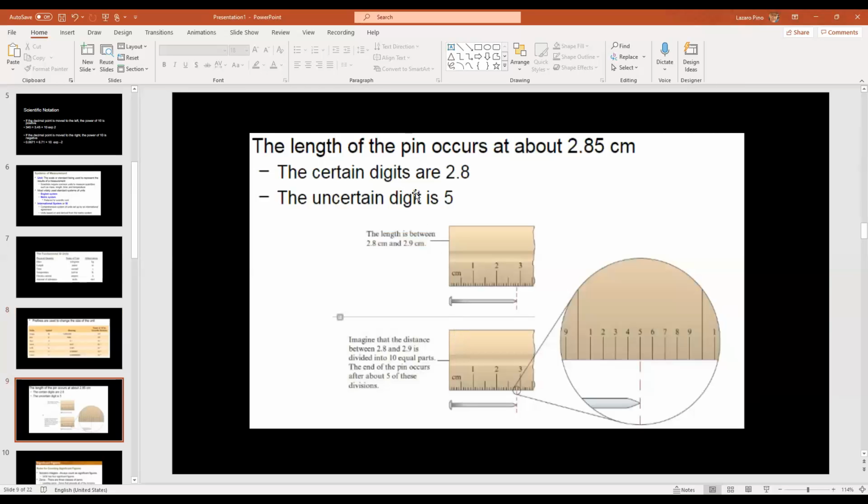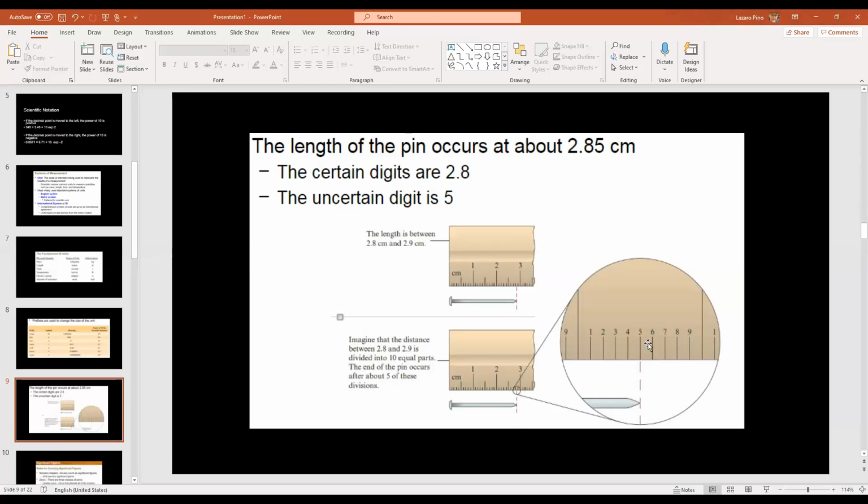When you are doing a measurement, for example, the length of a pin is 2.85 centimeters. In order to get this number, you are sure, according with the instrument, that the length of the pin is 2.8 centimeters, but it's a little more. How much more? You are not sure about that.